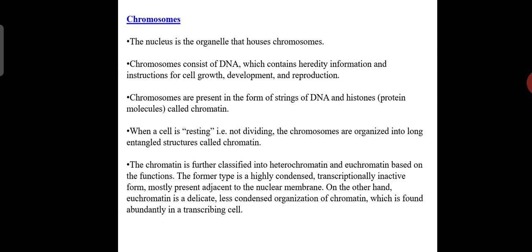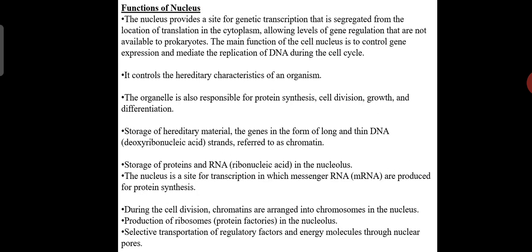The former is a highly condensed, transcriptionally inactive form, mostly present adjacent to the nuclear membrane. On the other hand, euchromatin is a delicate, less condensed organization of chromatin, found abundantly in transcribing cells. So these are the parts of the nucleus.